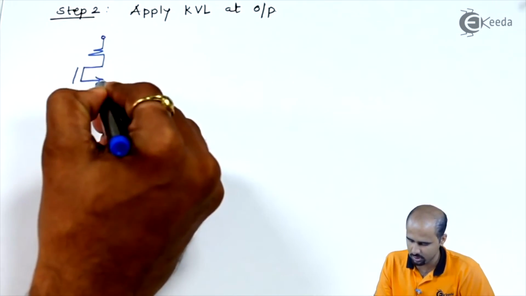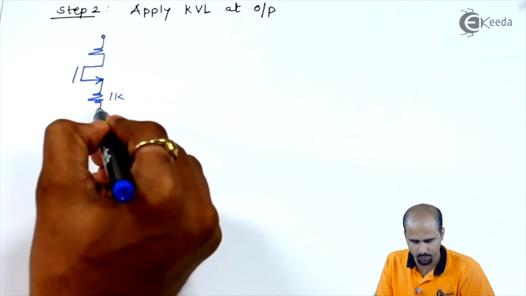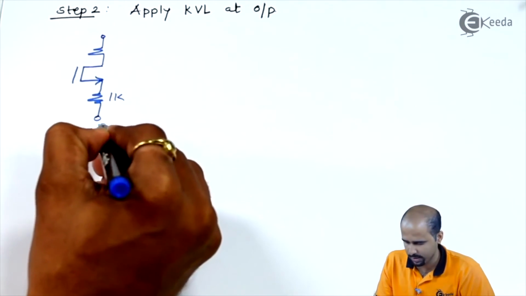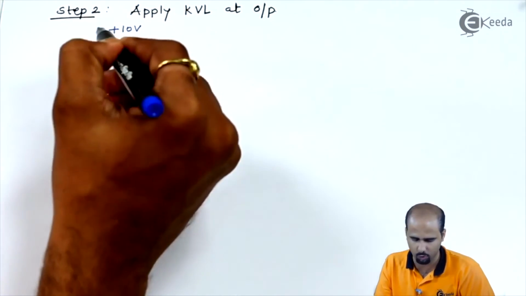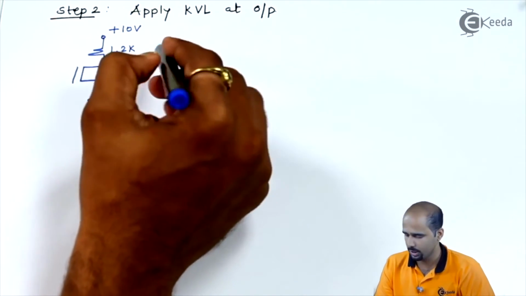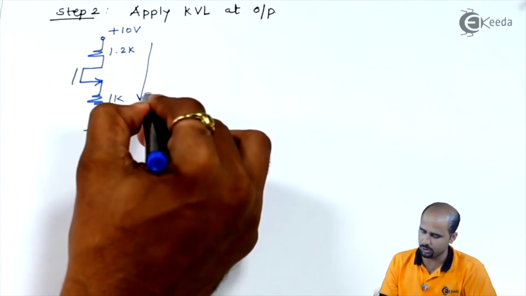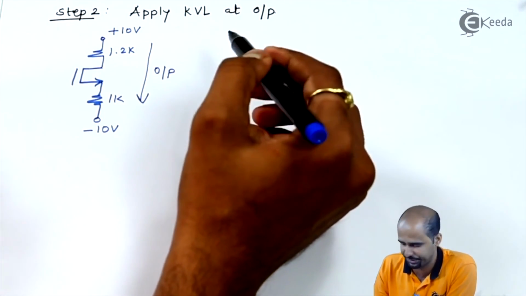Enhancement MOSFET, resistance 1k, minus 10 volt, and VDD is plus 10 volts. 1.2k is the value of RD, and now we will proceed further to have the output KVL to find out the value of VDS.